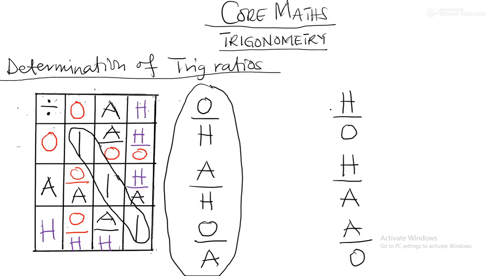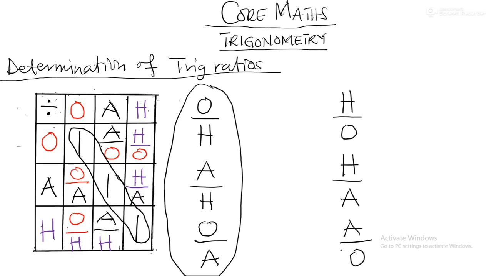So tell me, what can you say about this one and this one? You realize that this is more or less the inverse of this, or the reciprocal of this. When you turn this one upside down, you are going to get this. So we say that these are the inverse of these ratios.